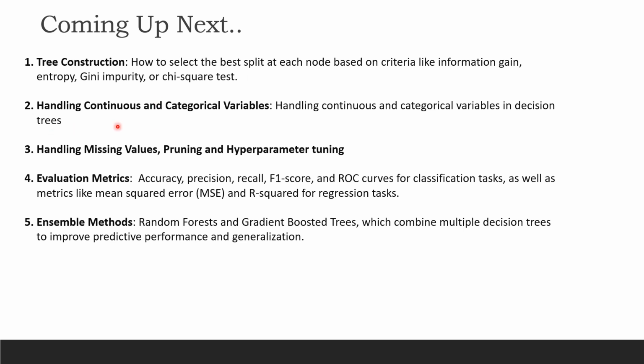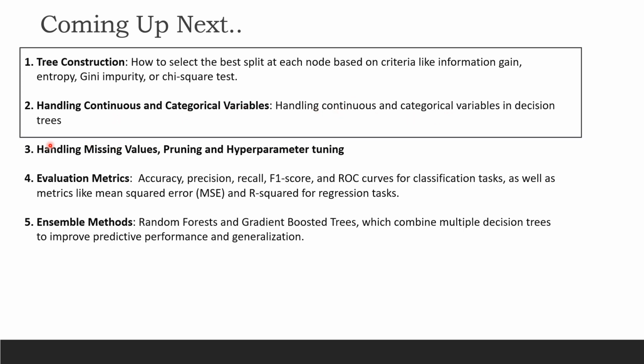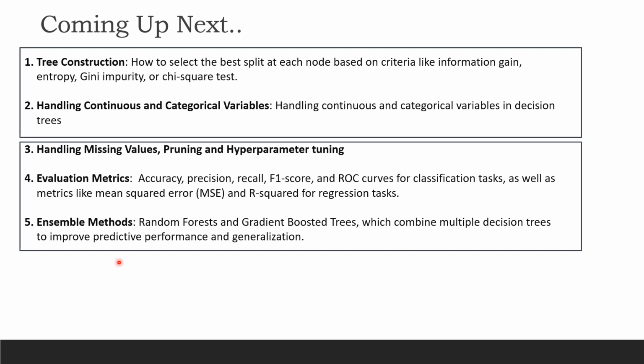And today we saw how we handle both continuous and categorical variables in decision trees. This is covered, and in the upcoming presentations on decision trees in this series, we will see how we handle missing values, how pruning is done, what hyperparameter tuning is done, and how the evaluation of the decision tree algorithm happens.